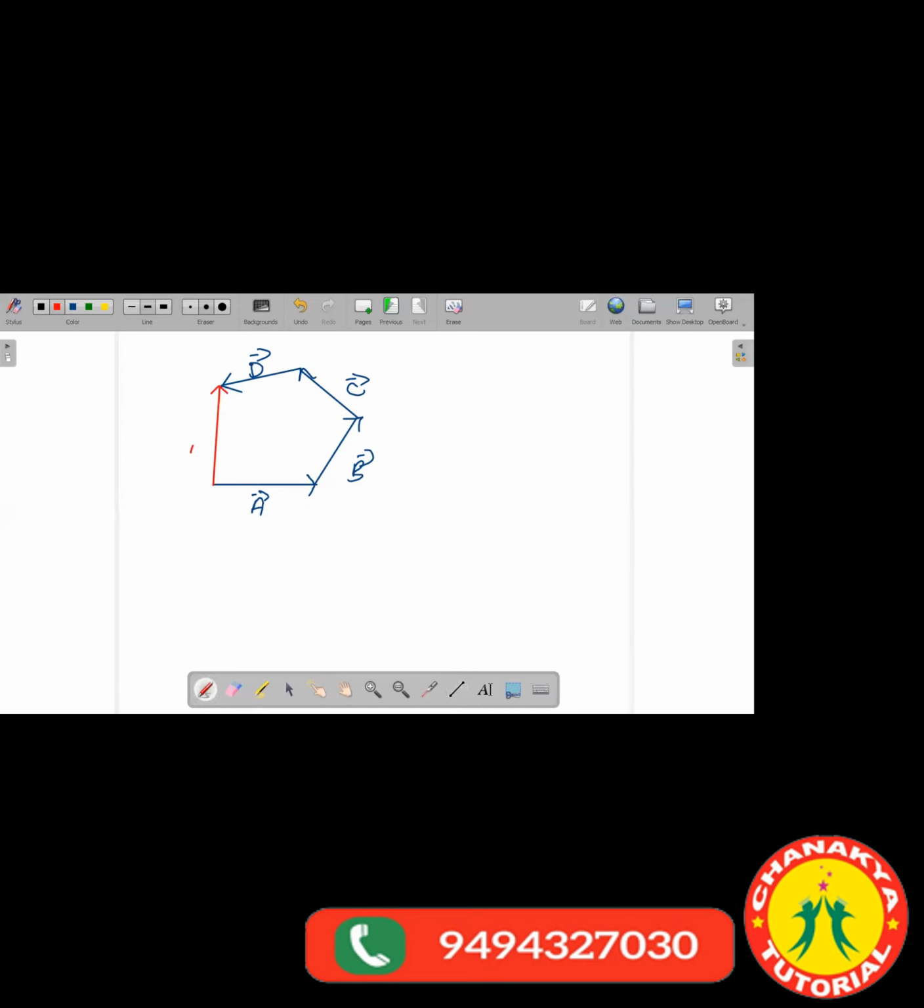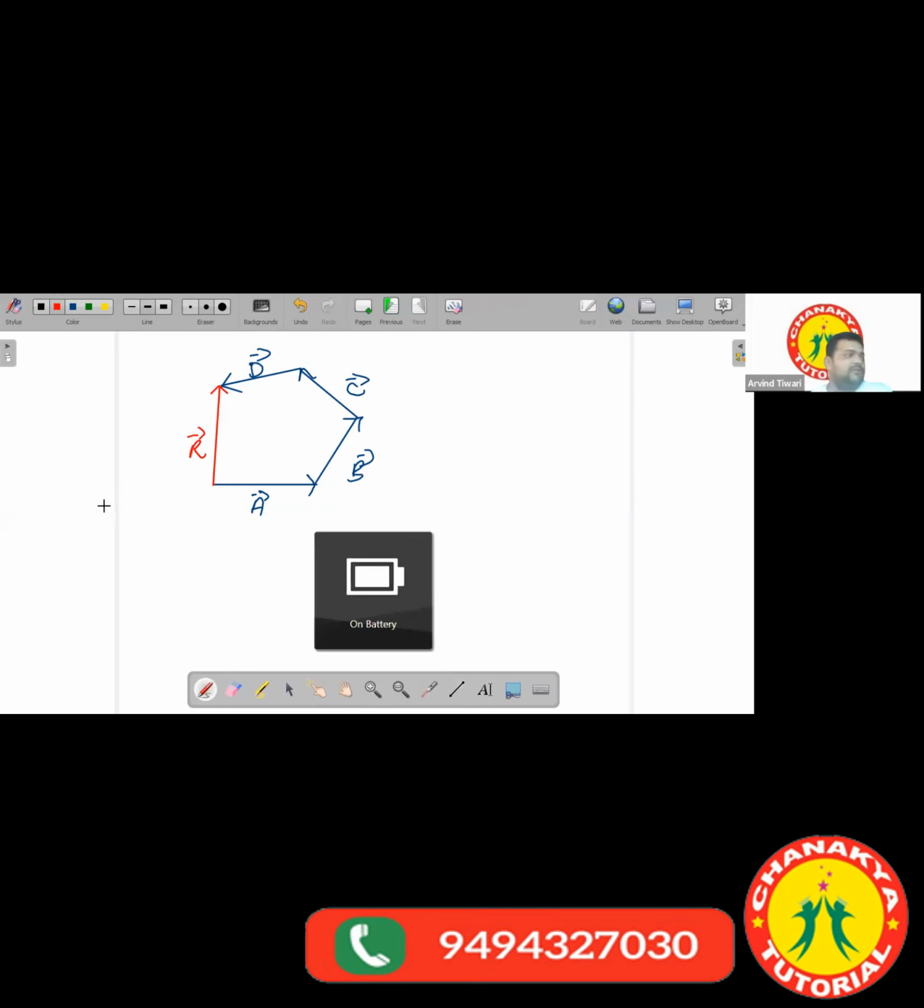And it can be proved using the triangle law. If you add A and B, you will get one resultant here. This is another resultant, let's say P. If you add P and C, you will get the resultant Q. If you add Q and D, you will get the resultant R. Okay.